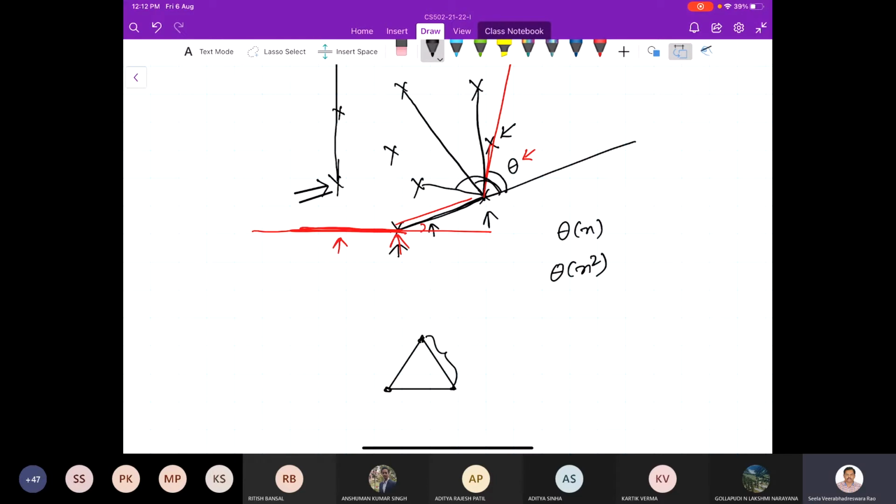The same idea can be extended, but we have to see. Basically we are doing this search in this direction, and maybe we need to backtrack and search in this direction also. If you're able to visualize in 3D, then you can. Maybe I'll switch on this video so that I can show.